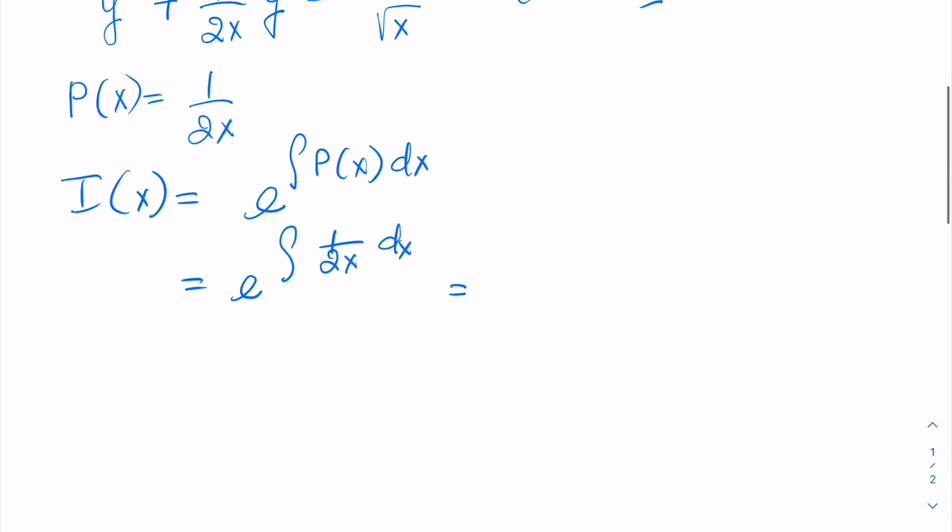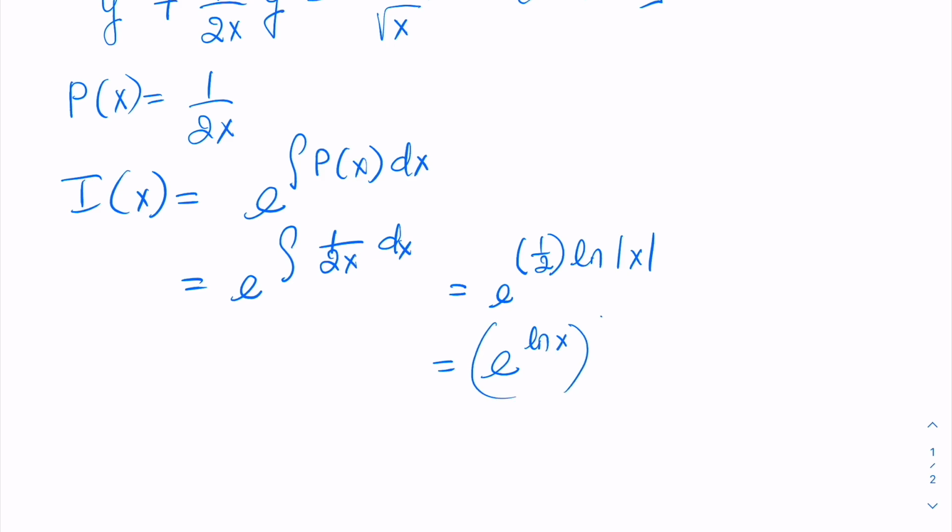So we integrate, and we end up with e to the 1/2 ln absolute value of x. I can always rearrange, so I have e to the ln of x to the 1/2. So that's just x to the 1/2.